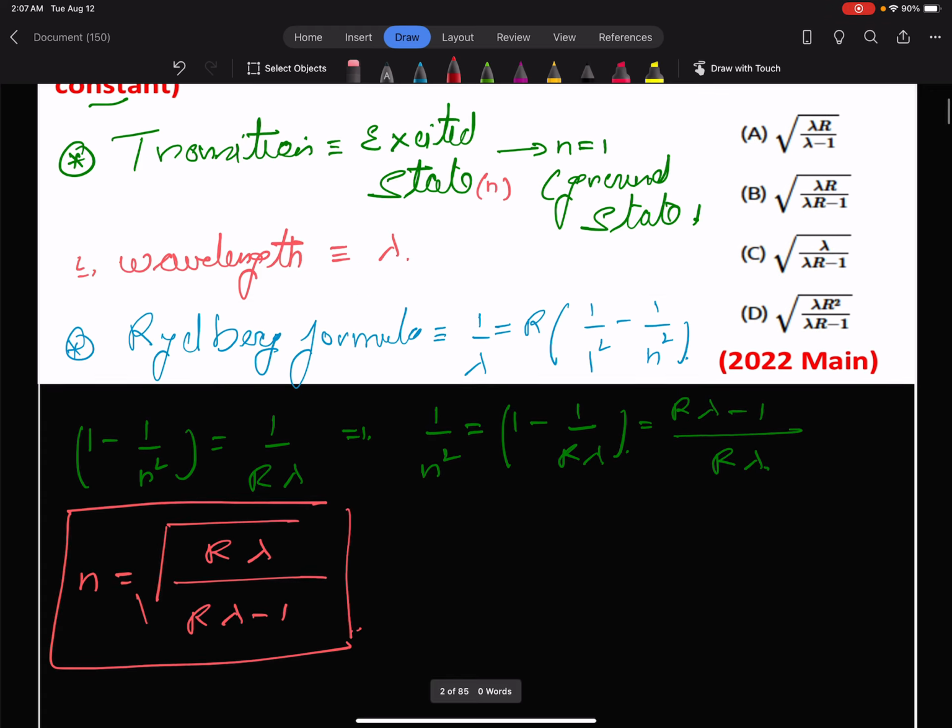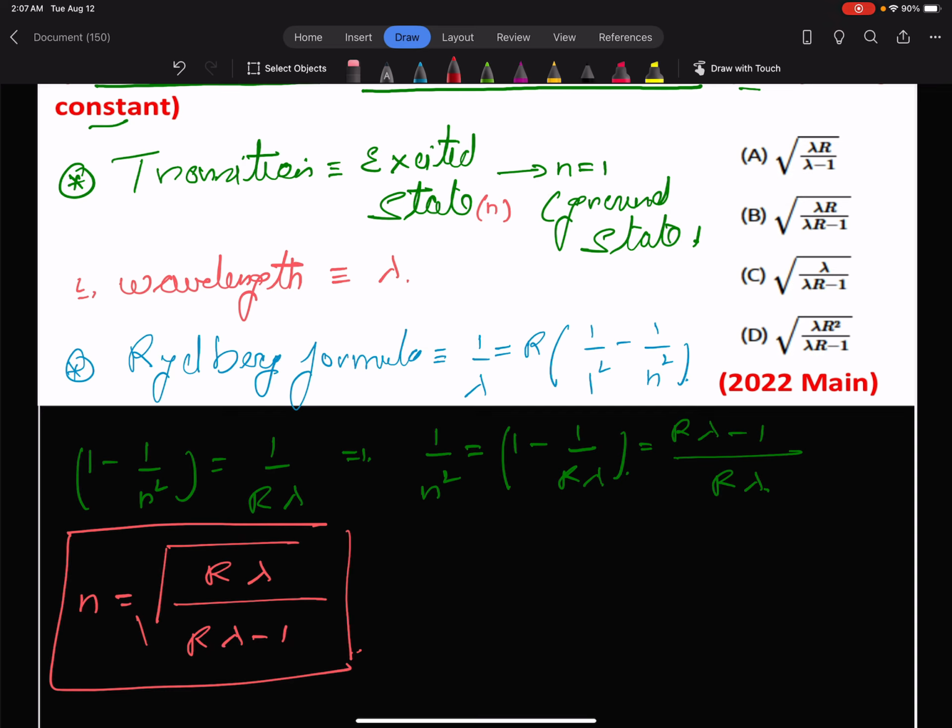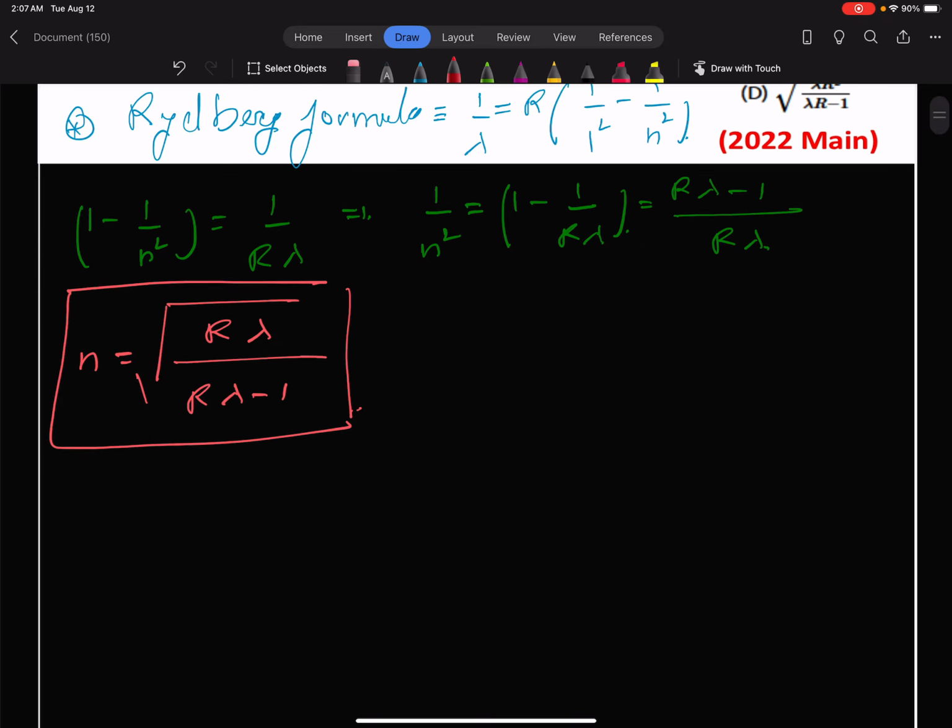So this is the value of n, and option number B is the correct one. Option B is correct.